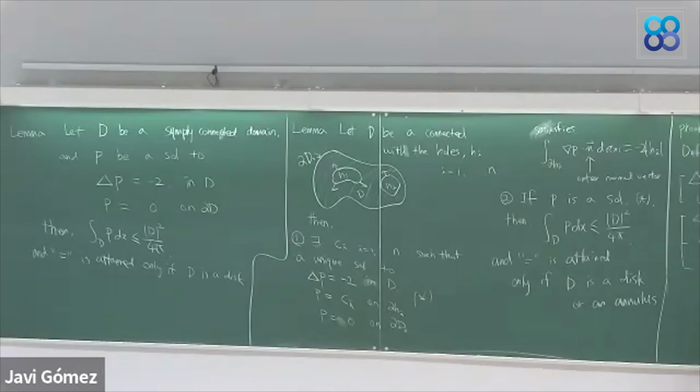So we have the summation from i equals 1 to n of the integral over the boundary of Hj of the gradient of Vi times n dsigma, times Ci, is going to be -2 times the area of Hj minus the integral over the boundary of Hj of the gradient of U times n dsigma.